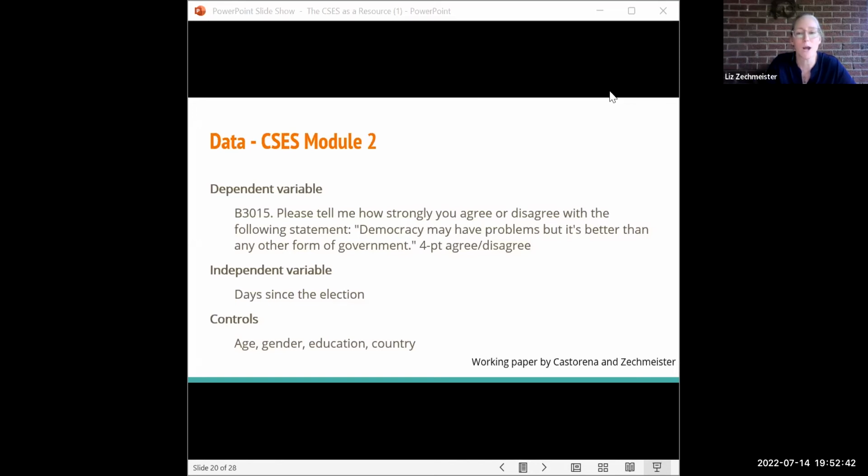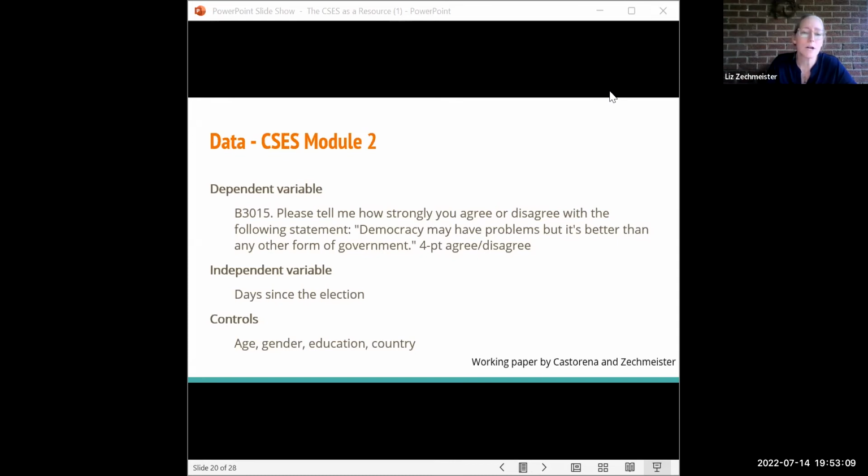We refer to it this way because Winston Churchill once said something very similar to what you see on the slide here, that democracy may have its problems, but it's better than any other form of government. And so it's very common for survey projects to include a question about support for democracy using this wording, asking people the extent to which they agree or disagree with this statement. So that's our dependent variable.